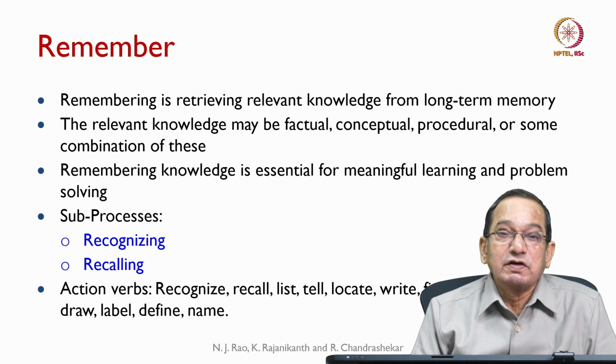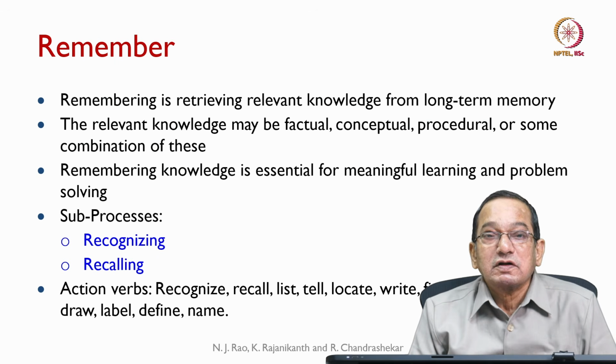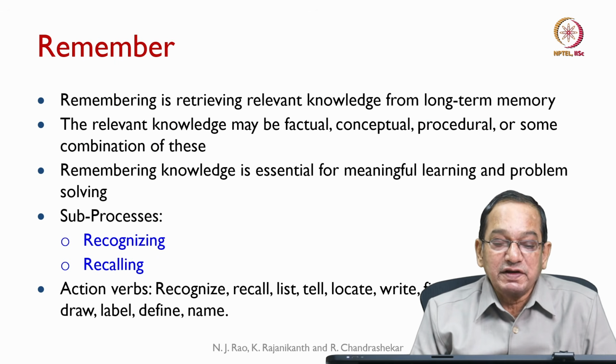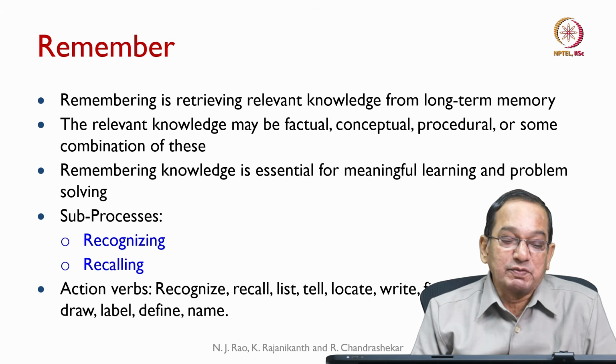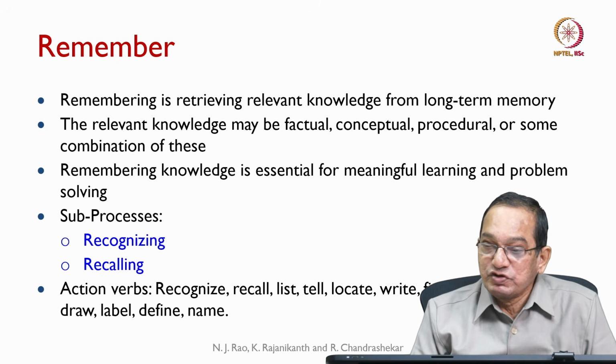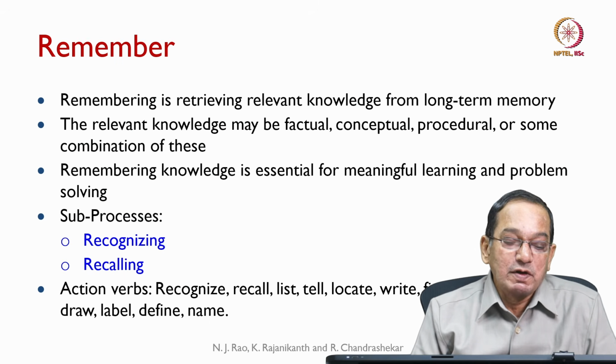Very briefly, we look at these six cognitive process levels. Remember, this act of remembering is retrieving relevant knowledge from long term memory. The relevant knowledge may be factual, conceptual, procedural, or some combination of all these three.